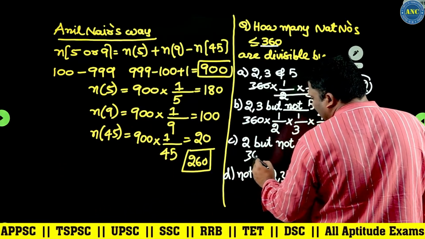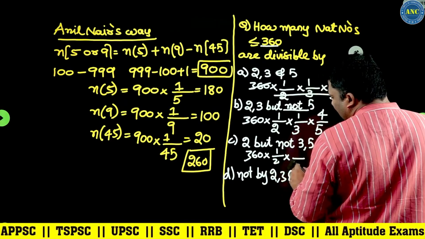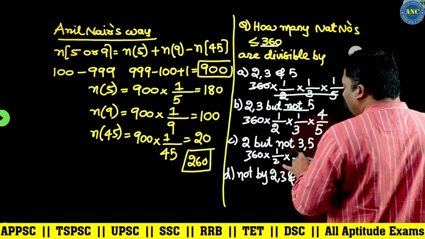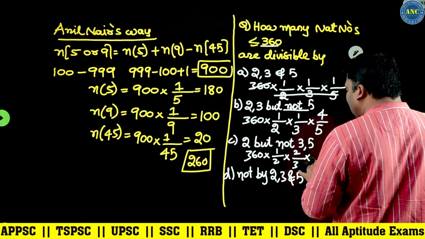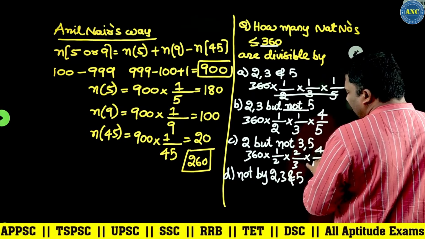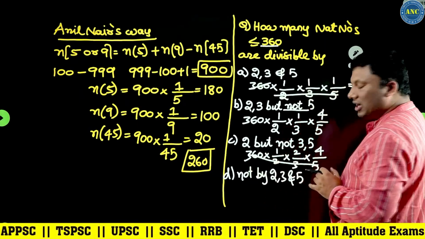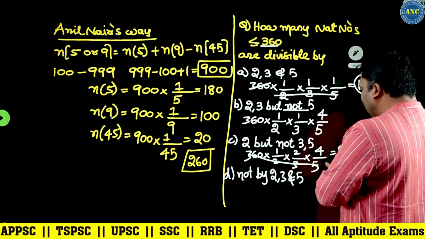For 360 numbers, for every 2 numbers, one is divisible. For every 3 numbers, 1 is divisible, 2 are not divisible. For every 5 numbers, one is divisible, 4 are not divisible. 6 5s are 30, 30 12s are 360, 12 8s are 96.